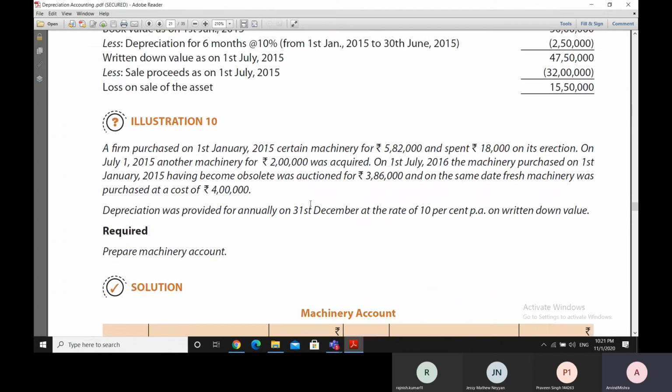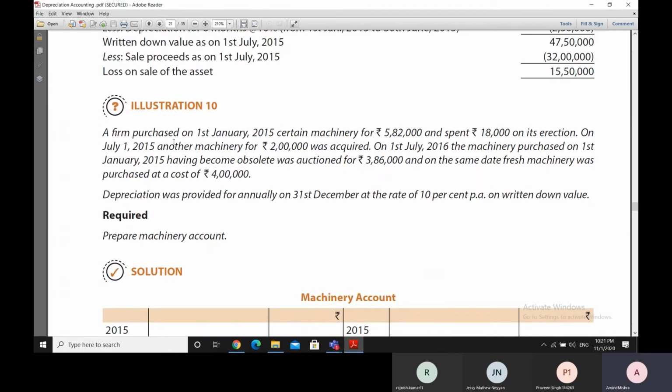Let's take one more illustration. A firm purchased on 1st January 2015 certain machinery for 5,82,000 rupees, and it spent 18,000 rupees on its erection or installation, which means that purchase price was 5,82,000 rupees and the erection charges were 18,000 rupees.